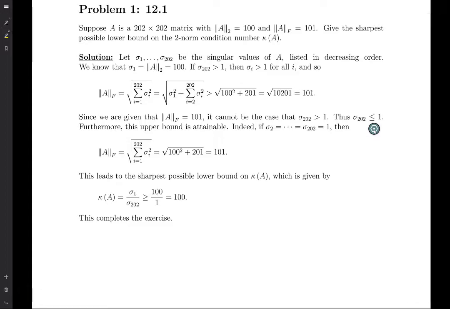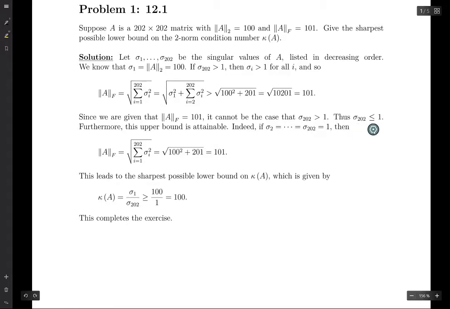Now, just from looking at this, you should sort of see that this bound between the sum of the sigma I squareds and 201 looks like it should be sharp. So you might think that this inequality is sharp, and that's true, but we have to prove it.